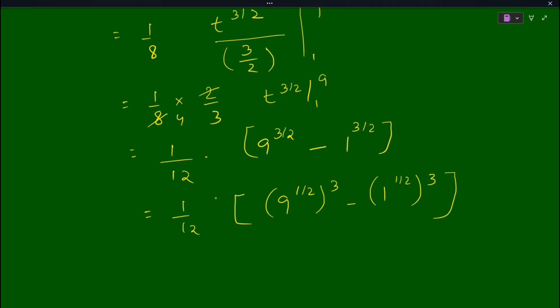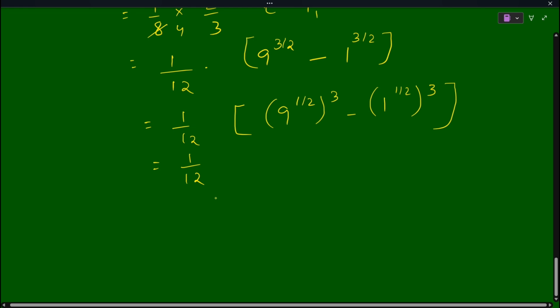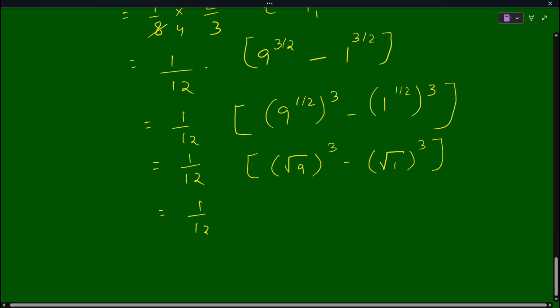So what is the benefit of writing this? Now we know that 9 to the power half is root over of 9. For that reason I have taken the power as half into 3. So 9 to the power half is root over of 9, to the power 3, and similarly here it is root over of 1, power is 3.